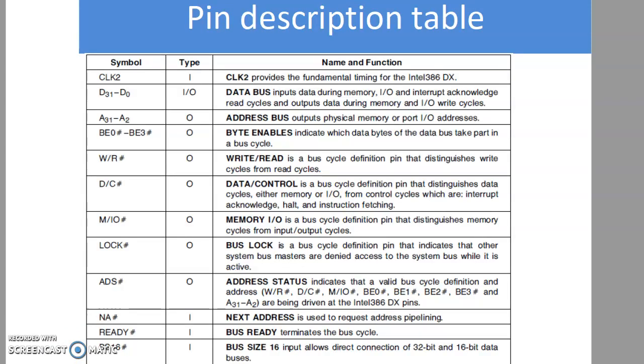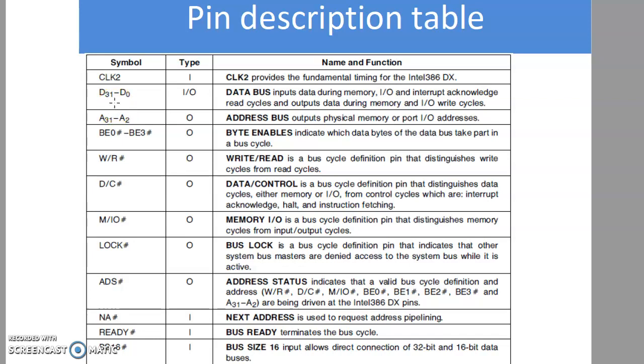So this is the pin description table that we had discussed in the previous session. So we are just going to briefly look at it. So you have the data bus D0 to D31, address bus, 32-bit address bus. It provides output to the physical memory or input output addresses. It loads the address on this address bus. Data bus loads the data value.